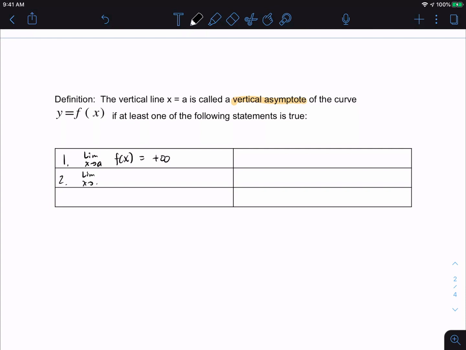If the limit as x approaches a from the left of f of x is equal to positive infinity, we still have a vertical asymptote. If the limit as x approaches a from the right of f of x is equal to positive infinity, we have a vertical asymptote.